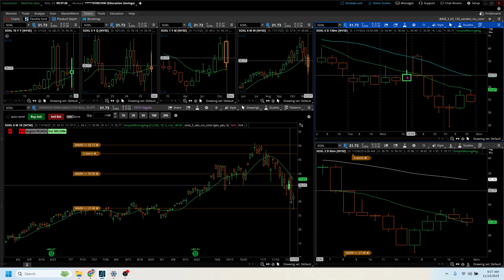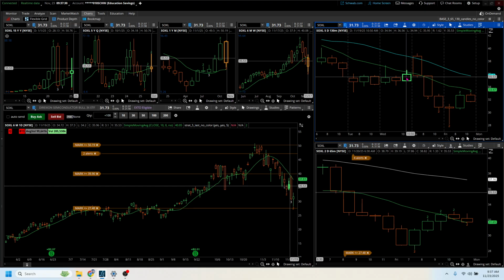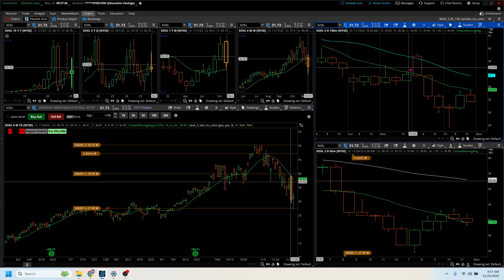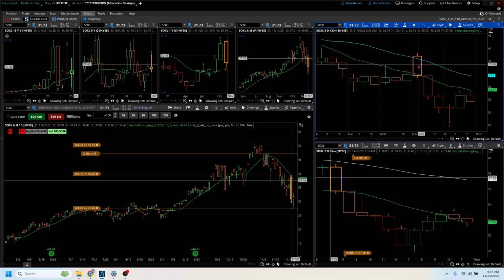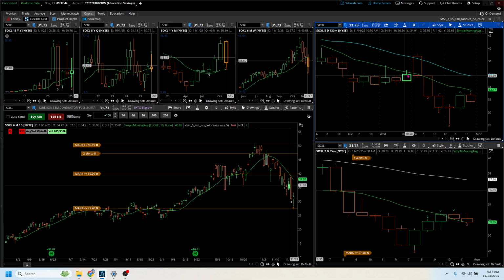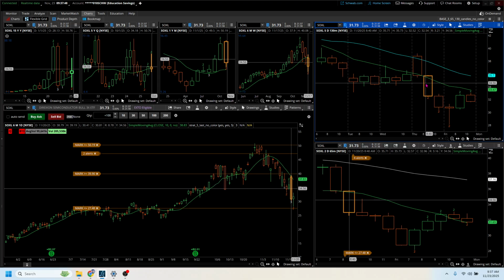And going into the close of Wednesday, you could have taken this 2-2 setup, and then you could have put your target right here for Thursday, and you can see that you would have hit it, okay?